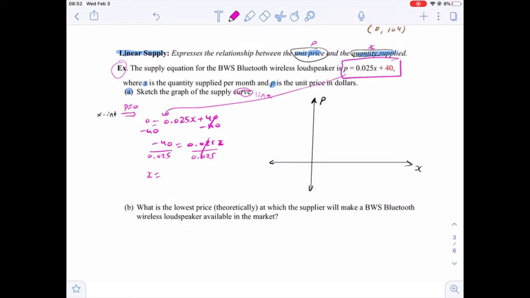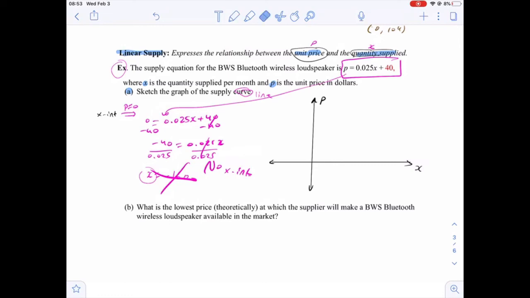So x equals a negative number, negative 1600. That means the number of items is negative, and that's impossible. So we don't have an x-intercept. The line will not intersect the x-axis at any point.